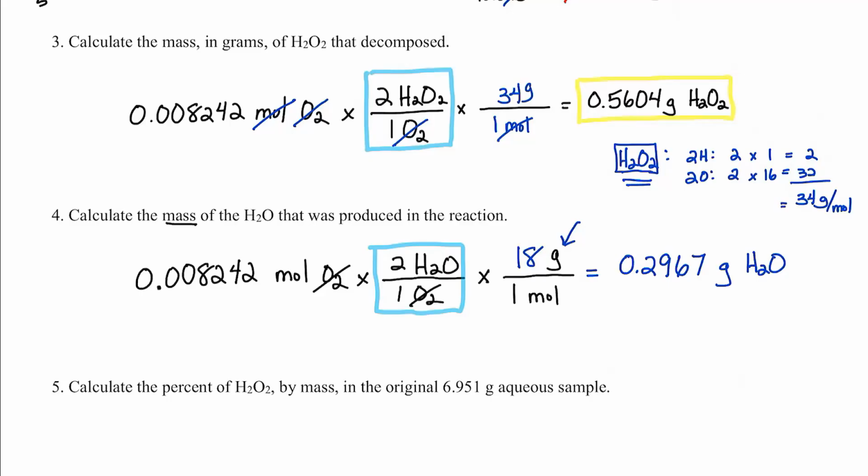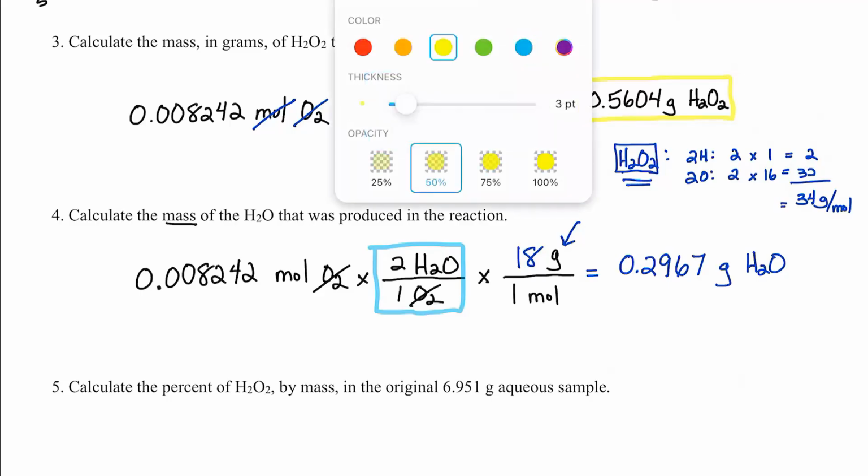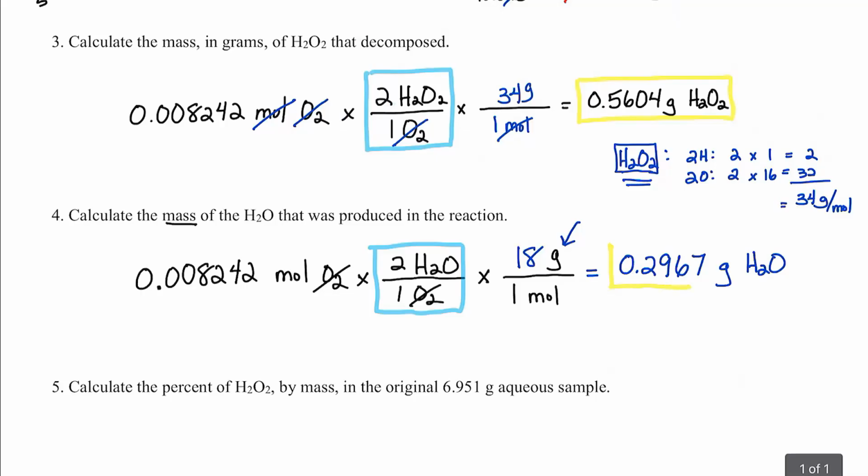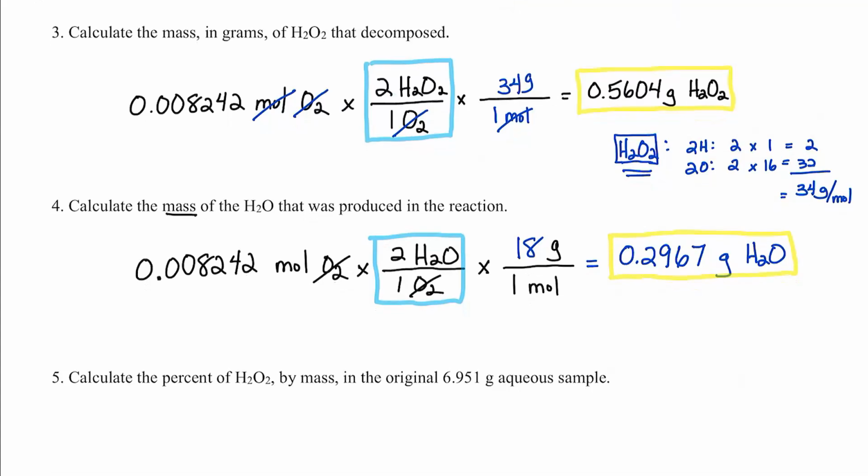And of course, I need to make a nice little box here for the answer. All right, there. And so there we go. Again, we're just using the ratios in the equations. All right. And now you notice we're always converting to moles, right?